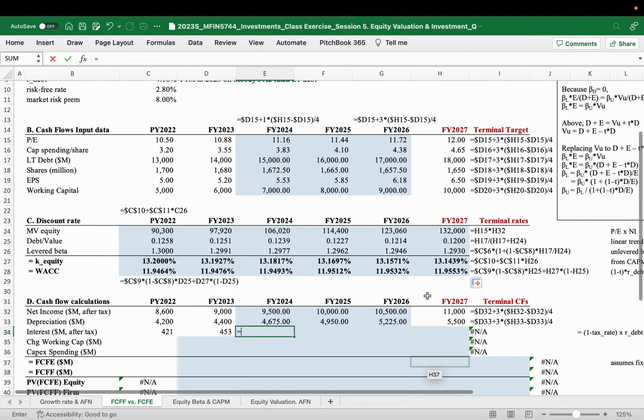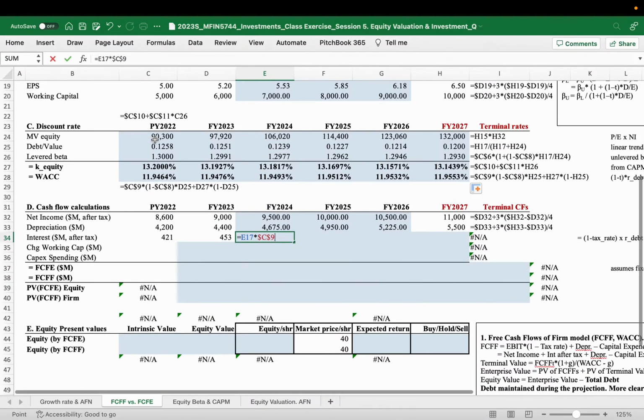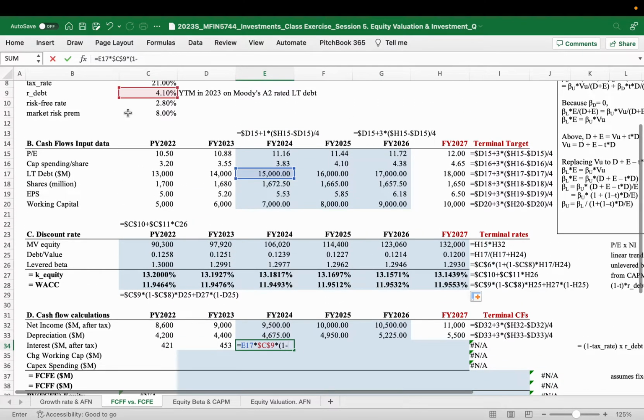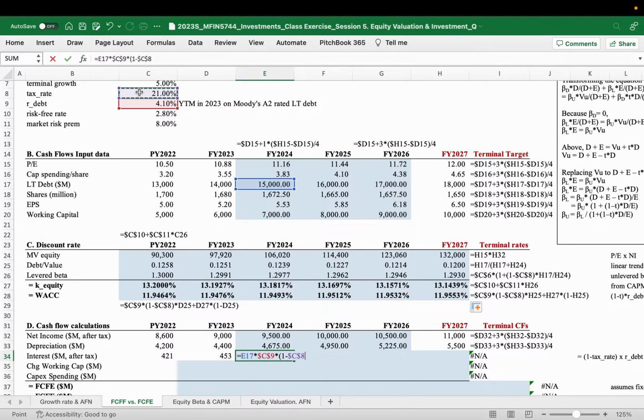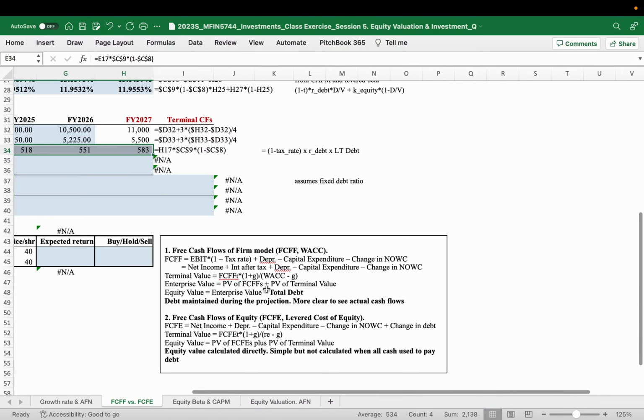So the long-term debt times the interest rate, which we want to fix if you assume it's always the same, times 1 minus tax rate. We want to fix this as well. So we got the projected interest expenses for all the years.